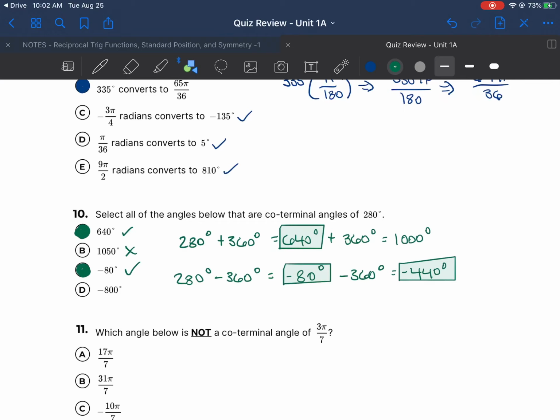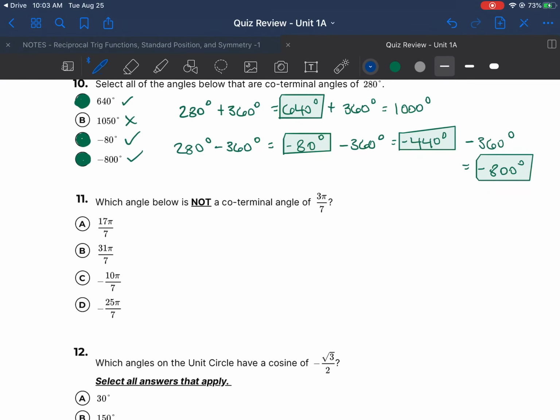However, D says negative 800, so let's go ahead and subtract 360 one more time. And we would get negative 800 degrees. So negative 800 degrees is another coterminal angle, so D is correct as well. So remember, you don't want to just add or subtract 360 degrees once. You need to do multiples of 360 degrees, adding or subtracting, to find out the different coterminal angles. Okay.